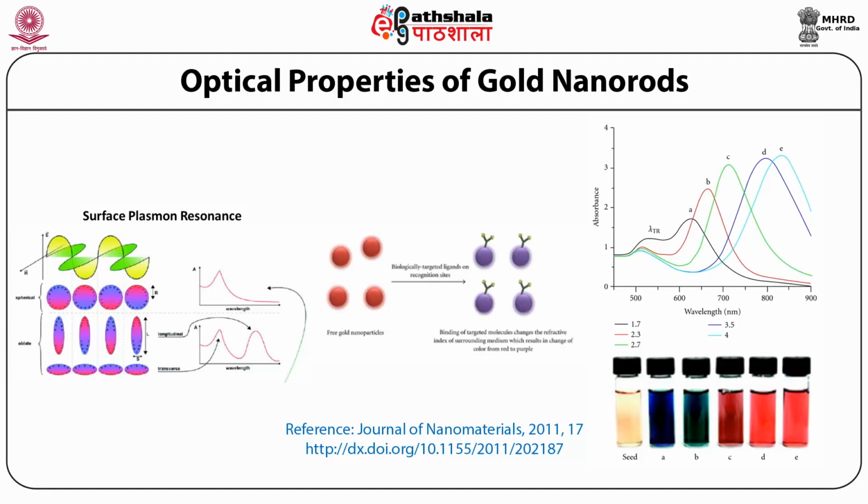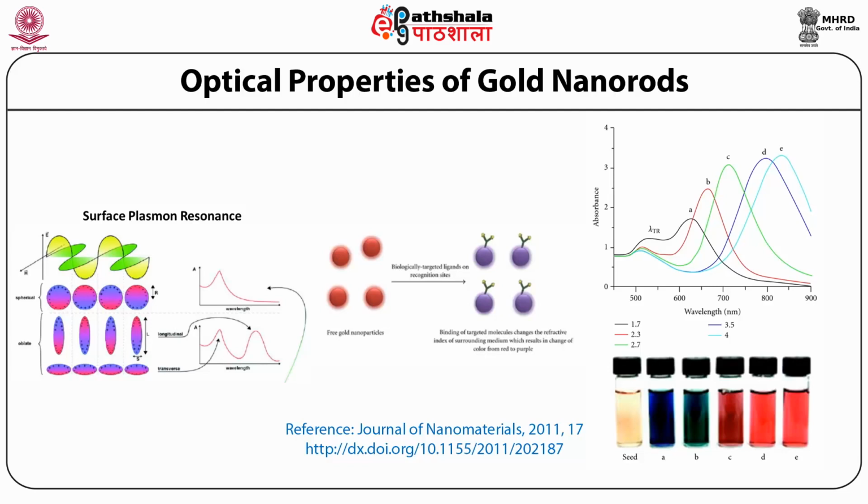So many of these metal nanostructures like gold nanoparticle or nanorod or silver nanoparticle, they have a unique property called surface plasmon resonance. This is a unique optical property demonstrated by the pool of electrons in the metal. So if you have a spherical nanoparticle, you get one very characteristic surface plasmon band.